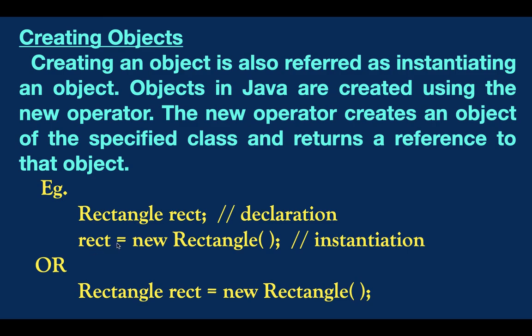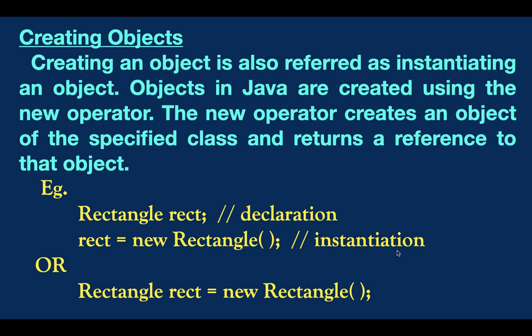So, rect equals new Rectangle with brackets open and close. This is a constructor, although we will discuss constructors in the coming videos. What is happening using this keyword? It is allocating space in the computer memory for this object, which will occupy that space. This is called instantiation of an object. So these are the two different steps: one is called declaration and the second one is instantiation.